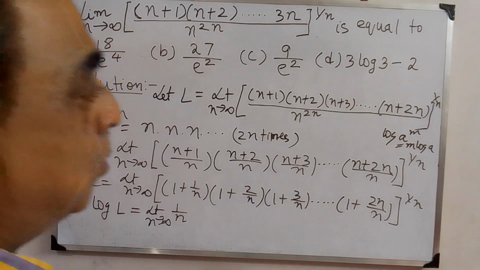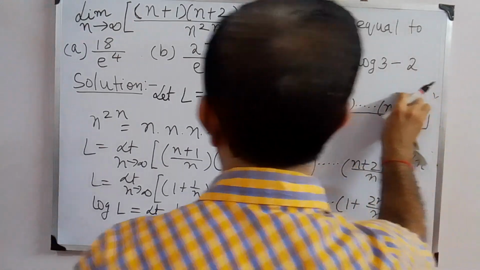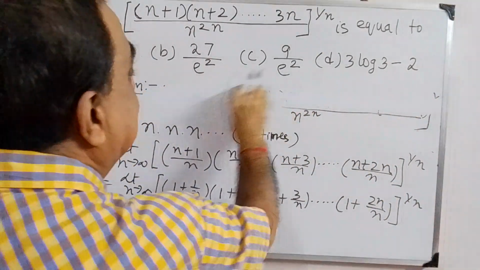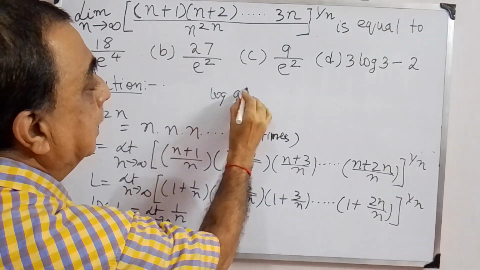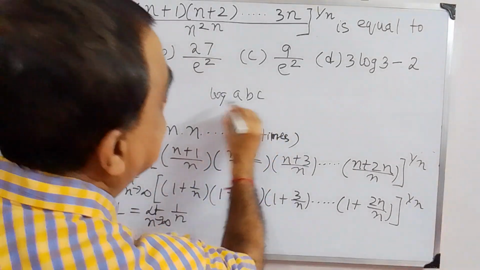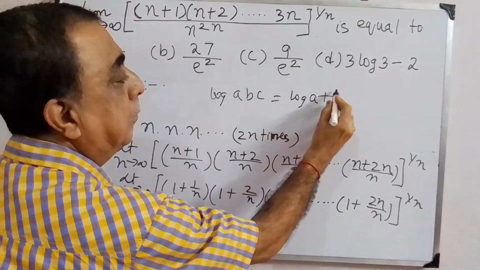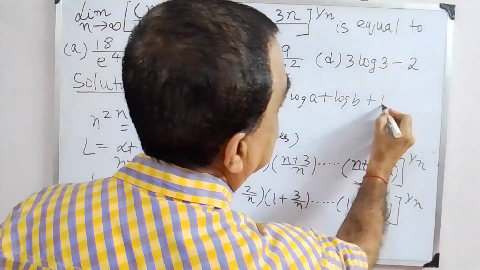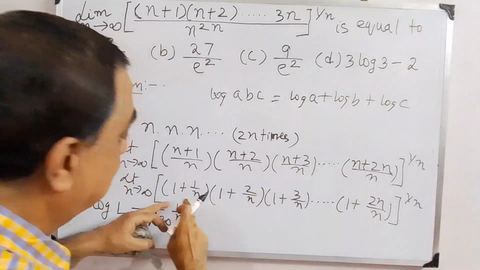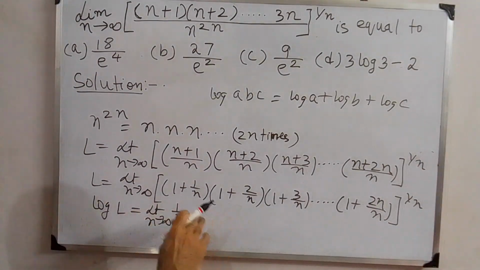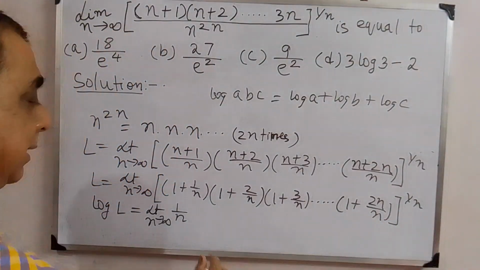And we know one more property of log: log of abc, where these are multiplied, is written as log a plus log b plus log c. So the log of the product of all these terms can be written separately as log this plus log this plus log this, up to 2n times.